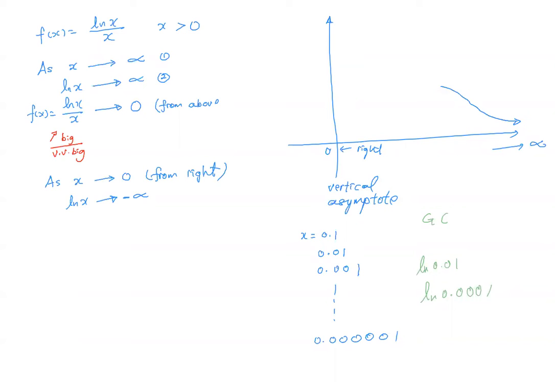So now, what happened to my f(x), which is ln x over x? That means I have negative infinity divided by a very, very small positive value.